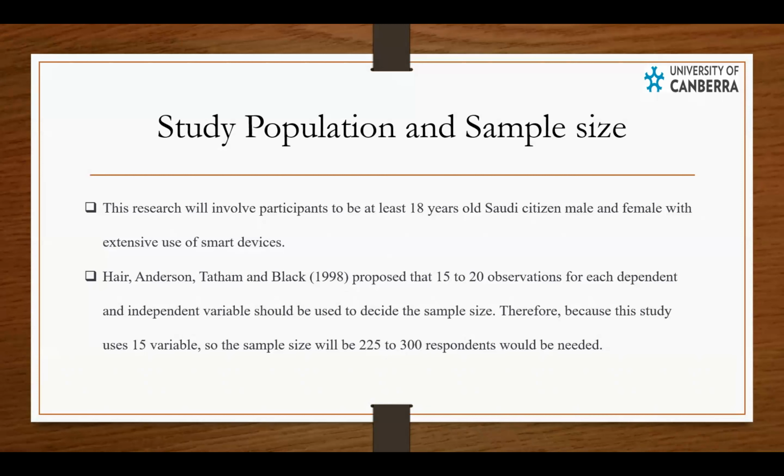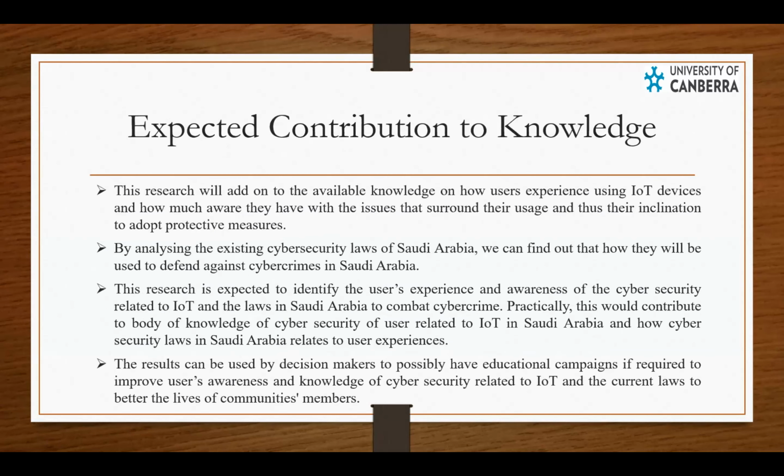And basically, based on Harry Addison's observations, the proposed observations between 15 to 20 observations for each dependent and independent variable should be used to decide the sample size. So basically, we will have a sample size between 225 to 300 respondents. That's what will be needed.